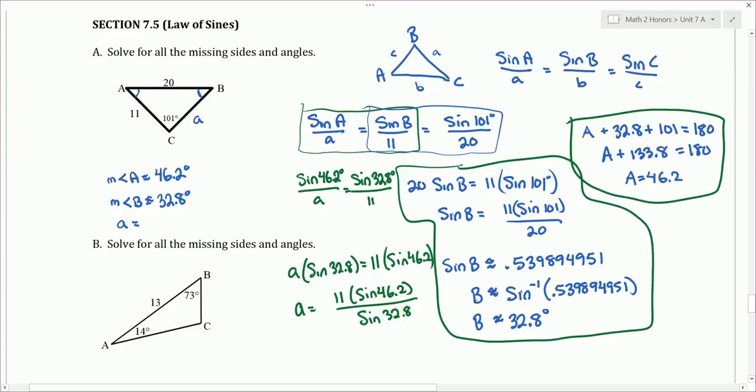Very carefully plug this into your calculator. Use parentheses correctly. If you have trouble, you may want to find the sine of 46.2 first, the decimal value, and the sine of 32.8 decimal value, and then plug it in. But let me do this and tell you what you should come out with.